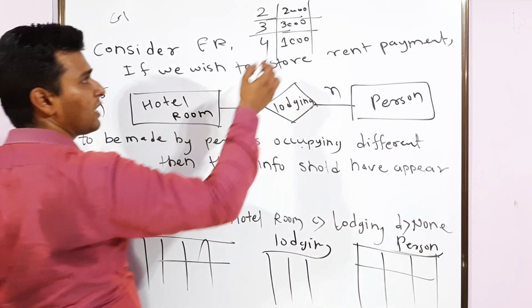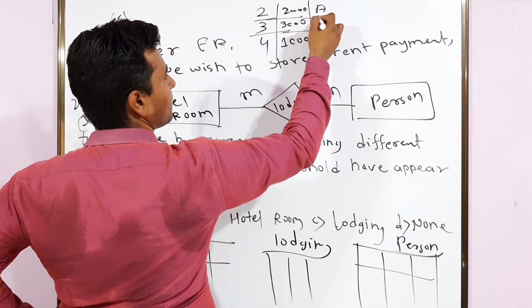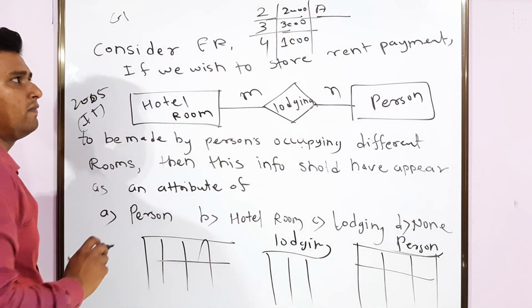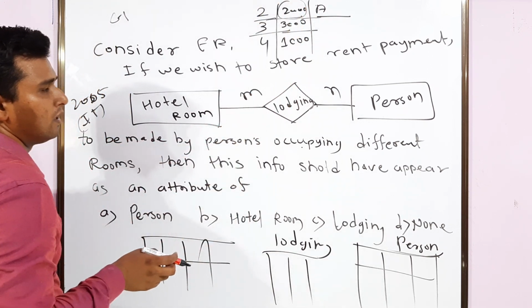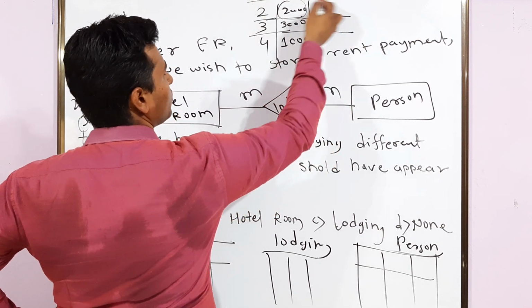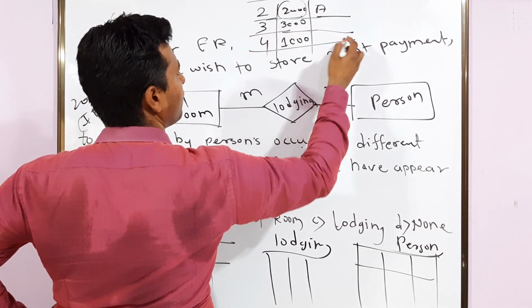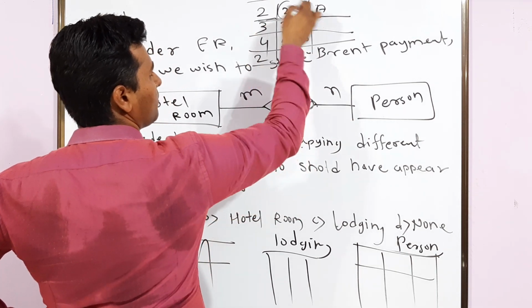Now let's say a customer comes, customer A, and he is living in room 2, so he will have a payment of 2000. Okay. Now again, suppose customer B comes, and he again takes room number 2 in some other period, then we will have to add here again B, and again room number 2, 2000. Means what, the data is becoming more redundant.